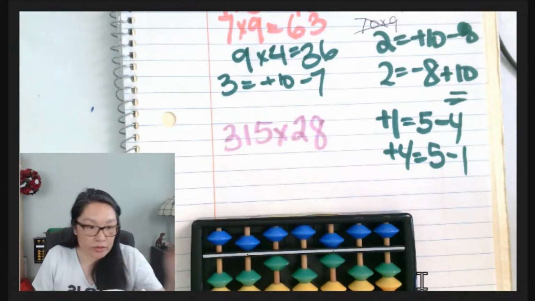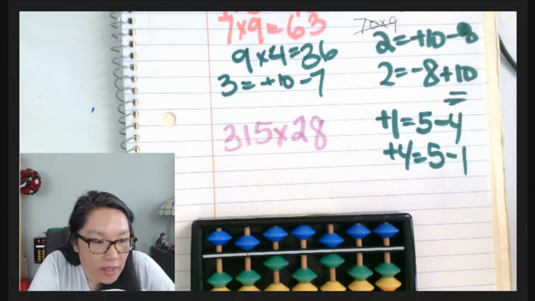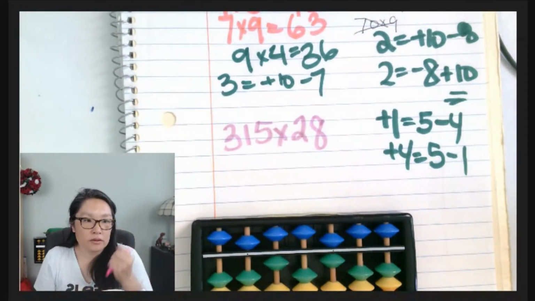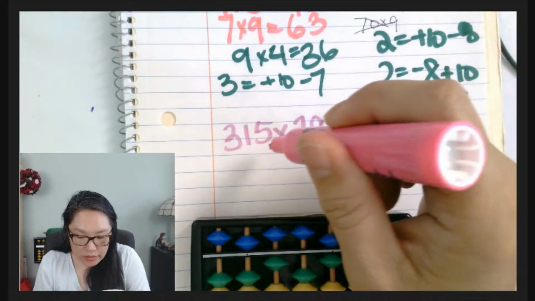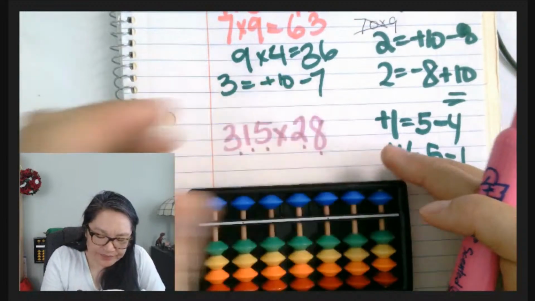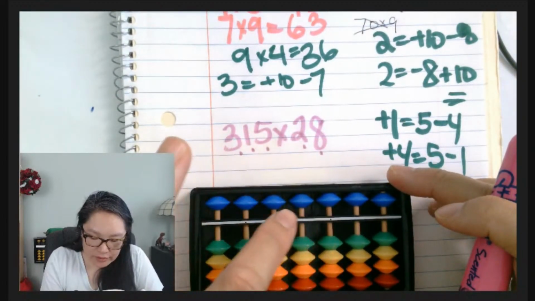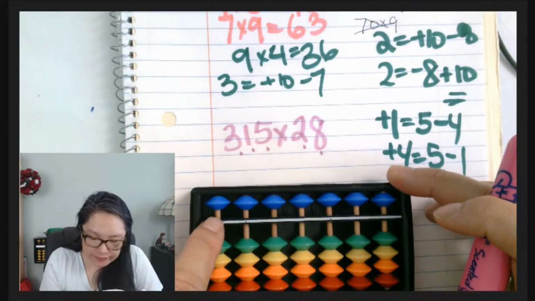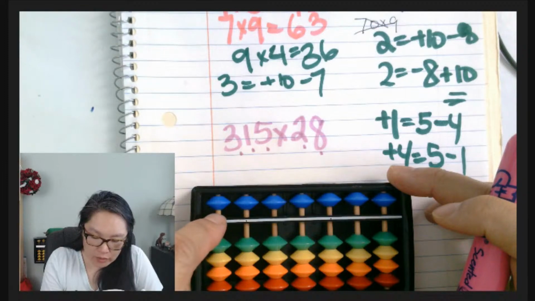So the first thing we do is we need to count our digits, right? 1, 2, 3, 4, 5. Can we do it? I think we can. Yeah, we can still do it. You know why?